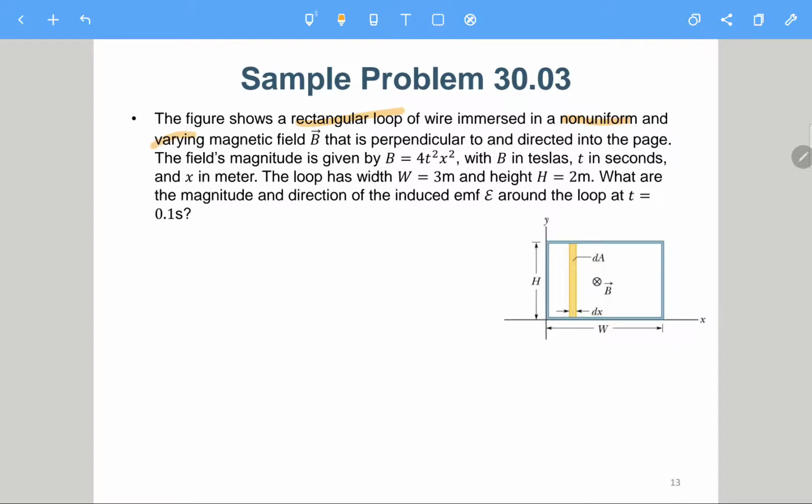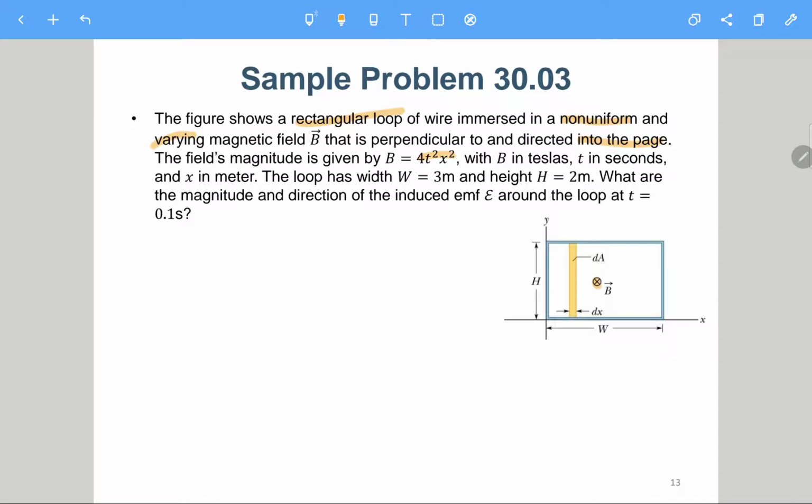The varying magnetic field is perpendicular and directly into the page. So the field's magnitude is given by this one. It is not only related to time but also related to the x-axis coordinate, with B in Tesla, t in seconds, and x in meter.